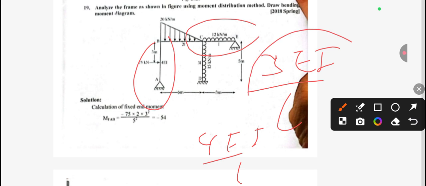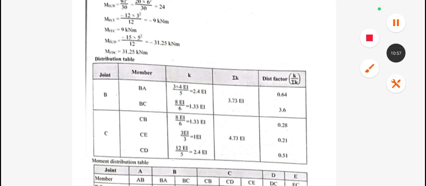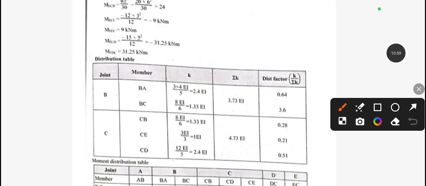For the hinge, this one, and all the remaining will be 4 EI by L. So you can see here we have to apply two formulas of 3 EI by L, and all the others are 4 EI by L. Okay, and we have calculated this, and we need to take the respective value of EI. In the place of EI, if 4 EI, then take 4 EI; if 3 EI, then take 3 EI; if 1 EI, then take 1 EI.